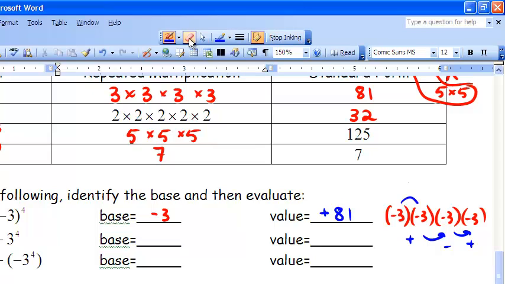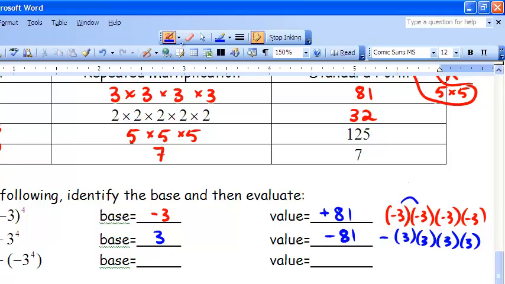All right. Now what we have is we have -3 to the exponent of 4. Well, it turns out the negative is going to stay out front, and our base here is 3. The negative is just out front. So then we find out that we have negative, and then we got 3 times 3 times 3 times 3. And our final answer is always going to be negative.